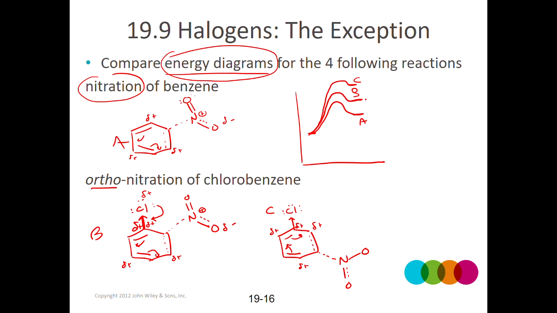The reason C is higher in energy than B is because B is stabilized by a little bit of extra resonance with the lone pair from the chlorine. That can't occur here because the positive doesn't exist on the carbon that the chlorine could shift electrons into. And if we looked at para, that would look something like this.